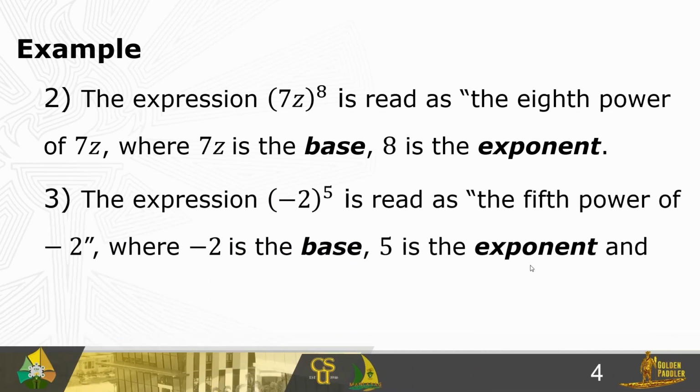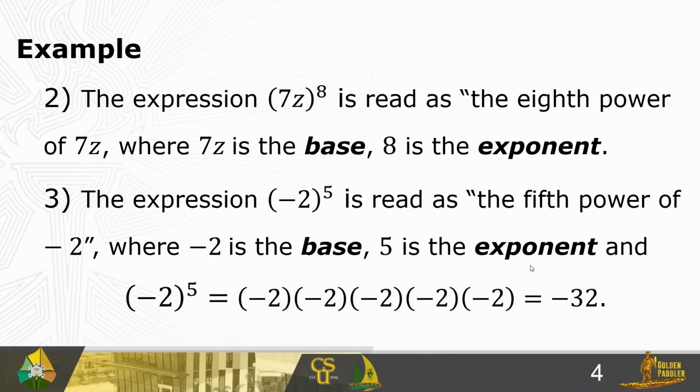Another example, the expression negative 2 to the power of 5 can be read as the 5th power of negative 2, where negative 2 is the base and 5 is the exponent. And negative 2 to the power of 5 is equal to multiplying negative 2 by itself 5 times. So we have negative 32.